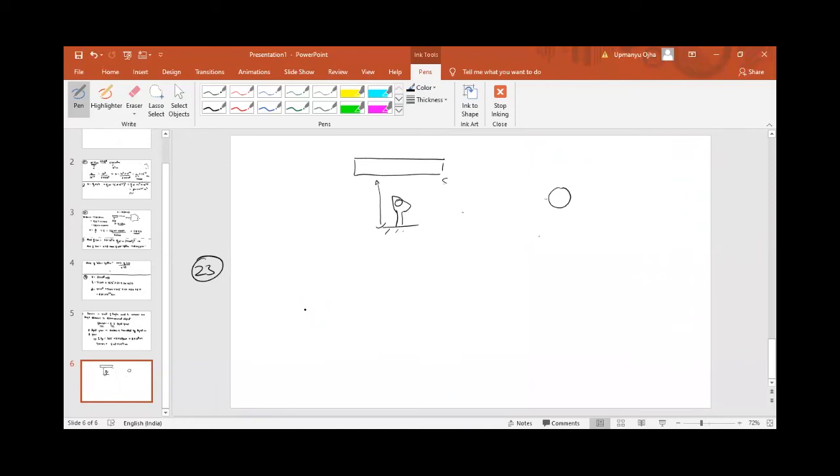When we are observing from the Earth, okay, this is the Earth here. The angle of parallax for a star is 0.4. This is the sun at the center.